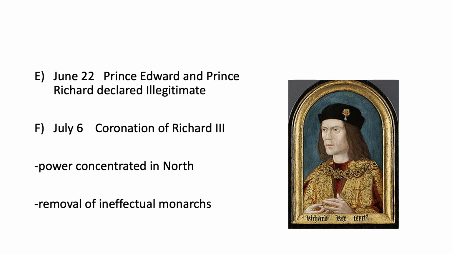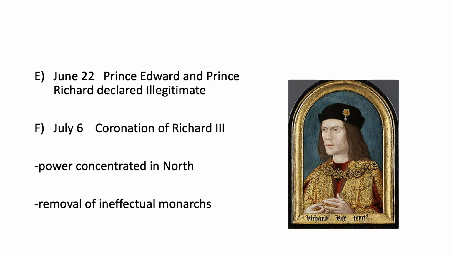As you can see from this contemporary portrait here, he does not look anything like Shakespeare's Richard III. He was a very successful military commander. He was very shrewd. He was very, very loyal to his brother Edward. However, he was operating from a position of disadvantage because most of his power was concentrated in the north, where he preferred to stay during most of Edward's rule.